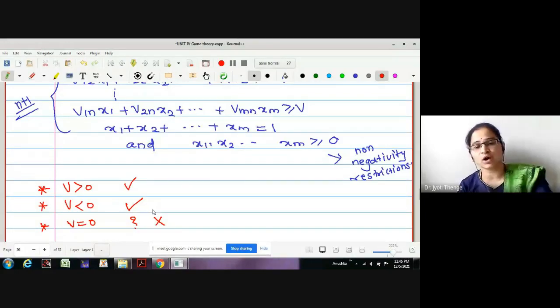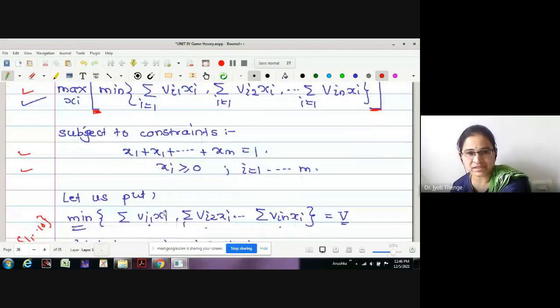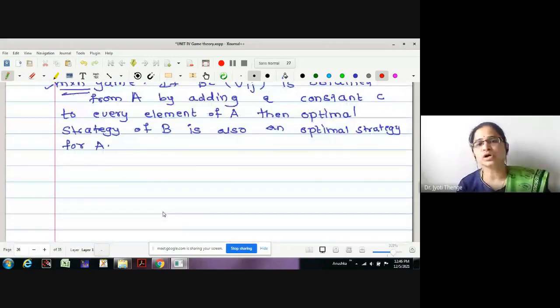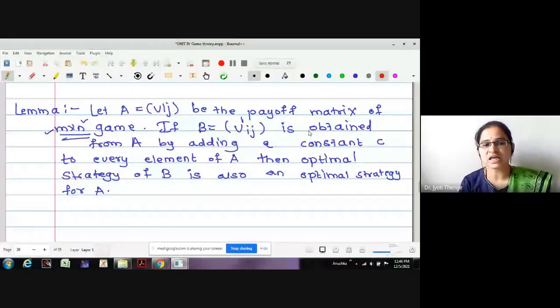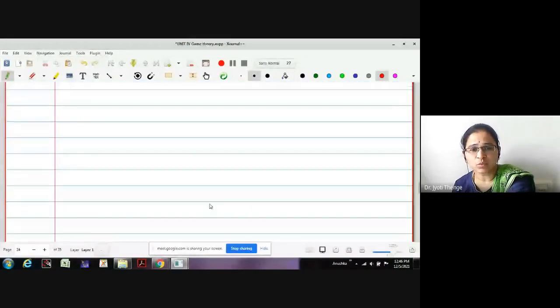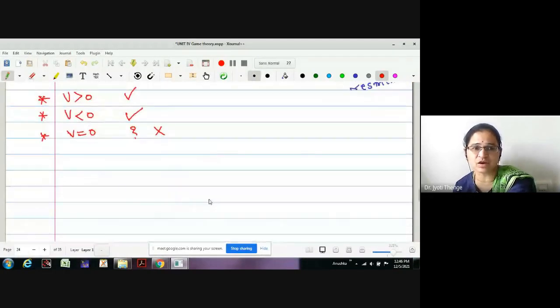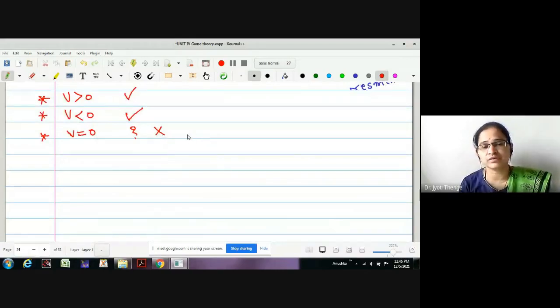Therefore, we are going to use the lemma we have written. What does the lemma say? Adding a constant to a payoff matrix gives us the same optimal strategy, and the value of the game is obtained from the payoff matrix. Now if the value of the game is 0, then we add a constant c to the payoff matrix so that the value of the game changes from v equal to 0 to v equal to a constant.